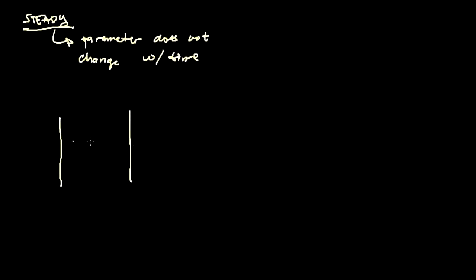So say this is our medium, and we have the heat flux. This is our Q. If this heat flux is not changing from point 1 to point 2, it is said to be in a steady condition.